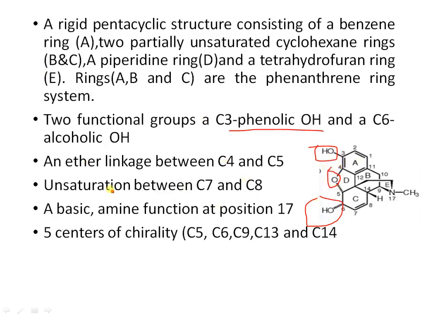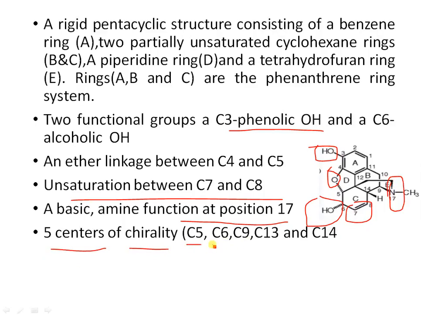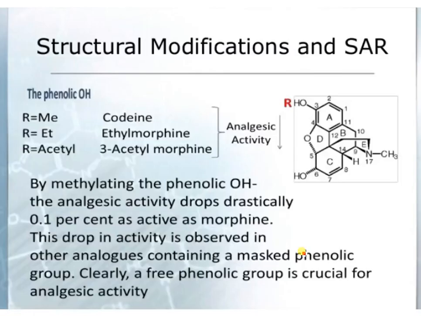The unsaturation is at position 7 and 8, present on ring C. The basic amine function is at position 17. Five centers are chiral: carbons 5, 6, 9, 13 and 14.